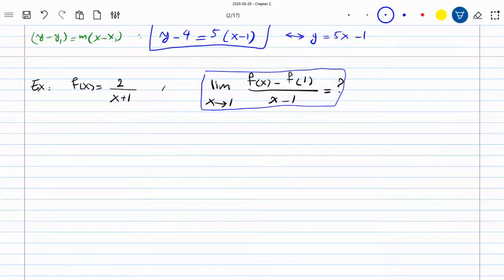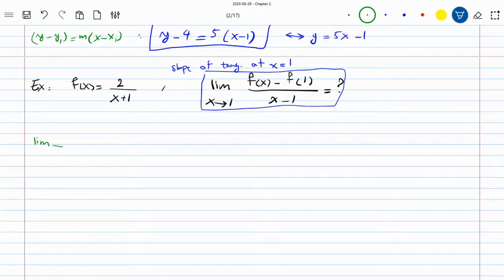If you compare it, this is exactly the slope of the tangent line at x equal to 1 for the function f. You replace 1 in the function f, it would be f of x minus f of a, where a is 1, divided by x minus a. So here, let's try to calculate this formula. This example. So what we get is the limit.